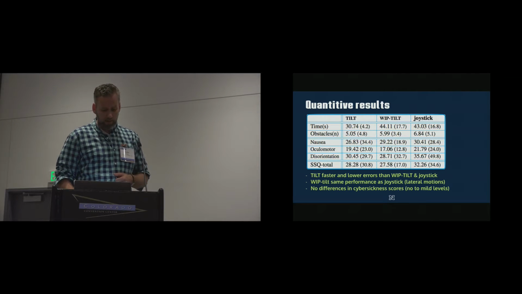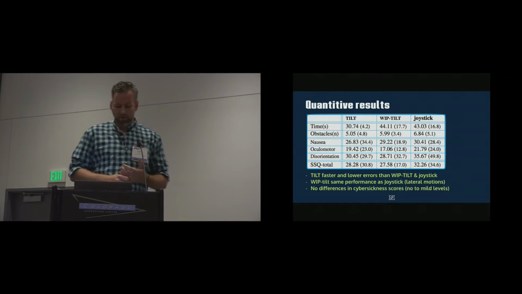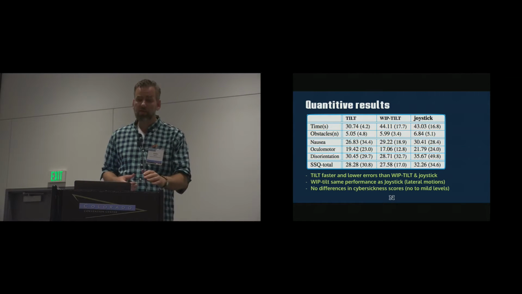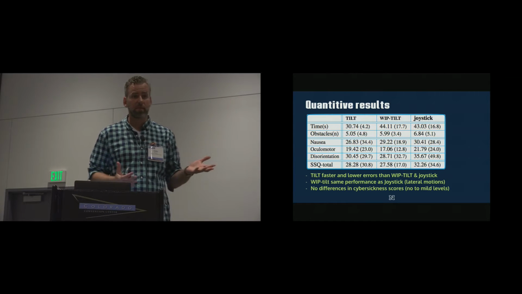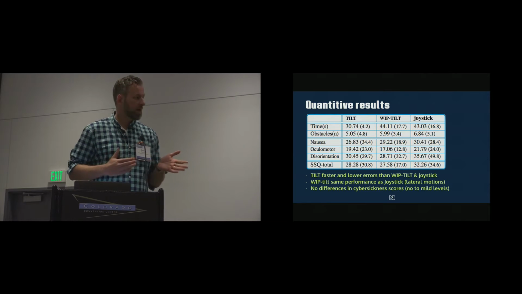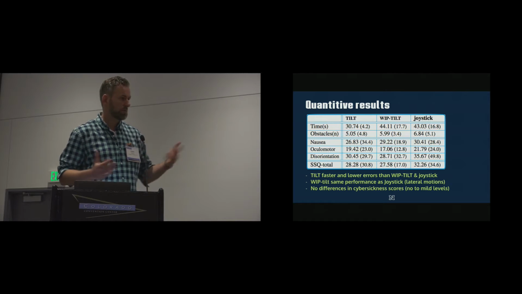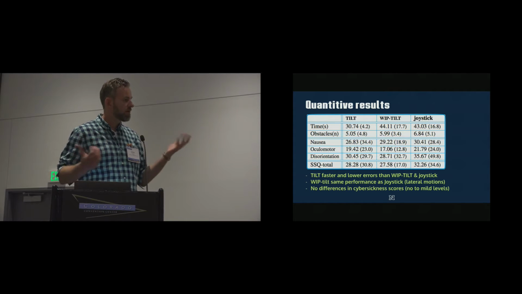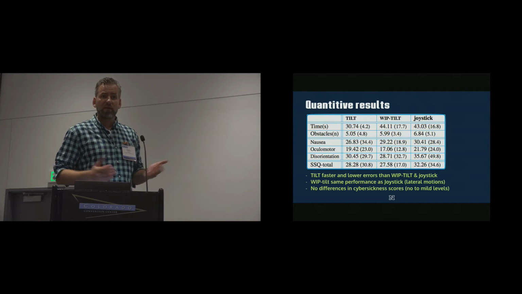Another result is that walking in place, our augmented version, offered the same performance as a joystick. Previous studies have compared walking in place with a joystick and also found similar performance, but these studies have always involved forward-based navigation tasks. When you navigate in VR, you move forwards, sideways, backwards. So we explored lateral motions and found a similar performance.